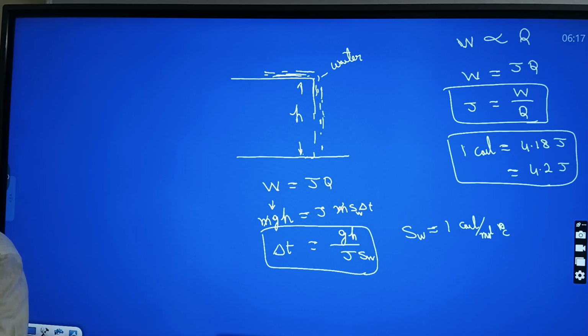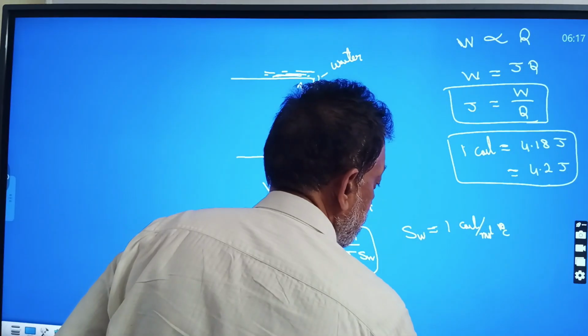By this, the heat and temperature of the bullet increase by delta T.